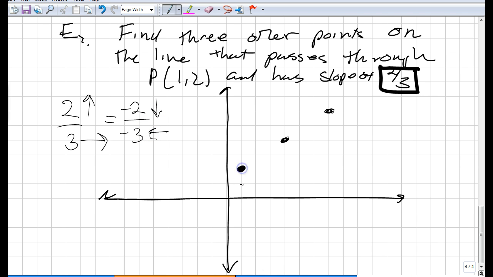So from this point I could go down 2 and left 3, and I find another point on the line. And this is the point negative 2, 0. This is the point 4, 4. And this is the point 7, 6. And so those are all points that are on the line.